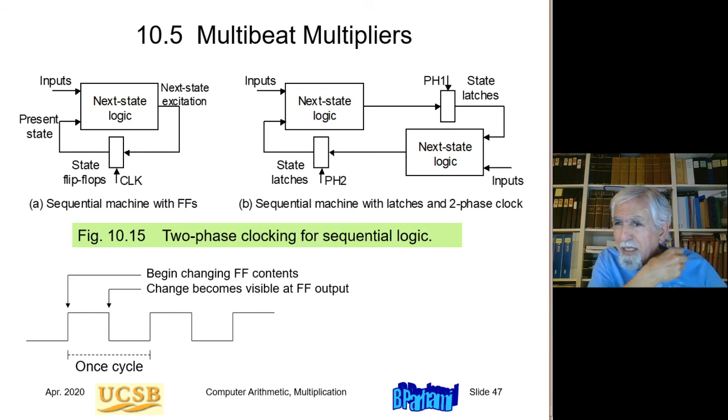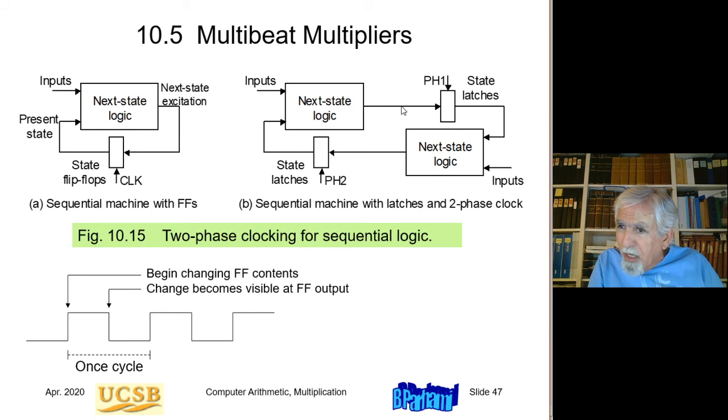Phase 1 is basically a clock pulse that corresponds to the high part of the clock pulse in the original design. And then during the low part of the clock, or phase 2, this next state logic computes the next state. So we take 2 steps in every clock cycle.